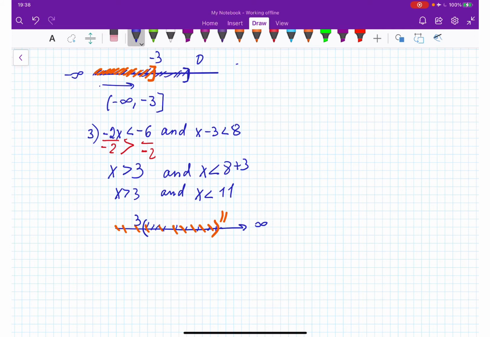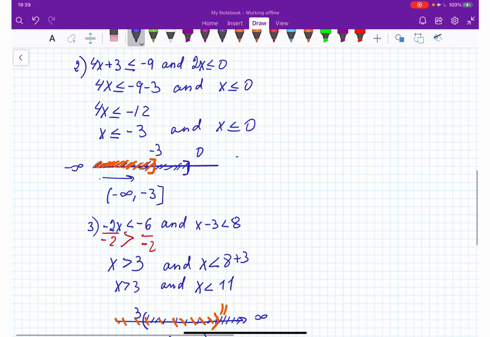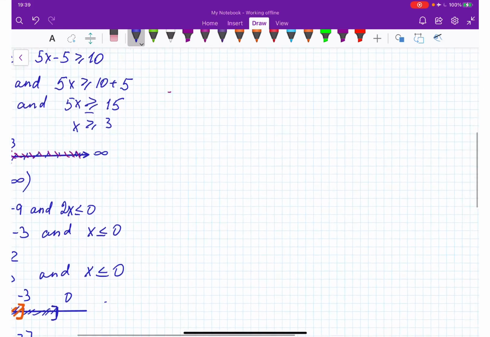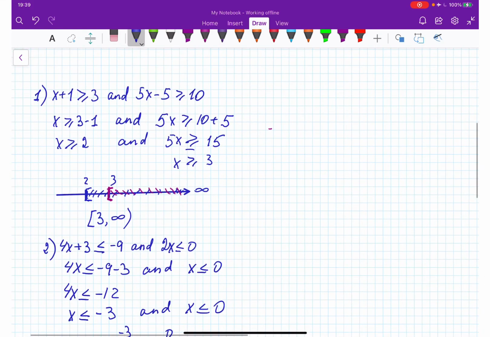And greater than 3 comes this way. So which area overlaps between 3 and 11, right? So the solution is between 3 and 11, and both numbers we use in the format of parentheses because none of them has an equal sign. Okay, question number 3 is done. Let's move to question number 4.